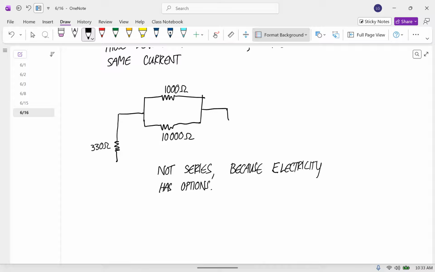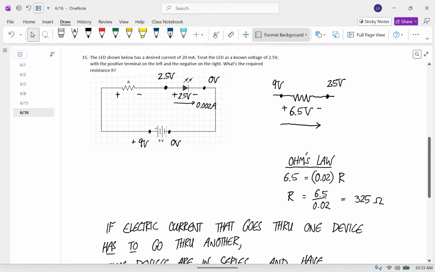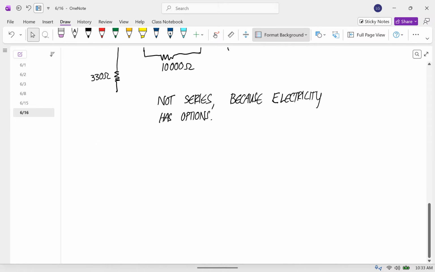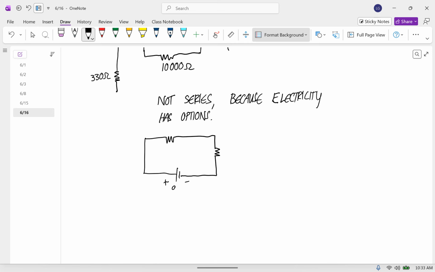Yes? Can you give an example of something that would be in series? Yeah. So if we're talking about resistors, these resistors can be anywhere along this wire. So let's say we have 9 volts here, and this is 330 ohms, and this is 1,000 ohms.